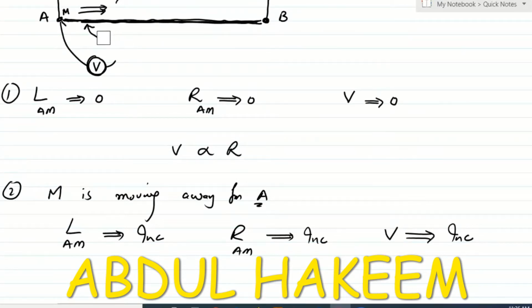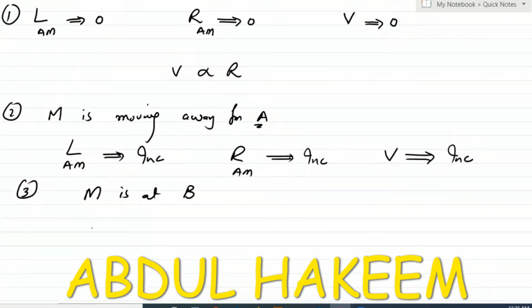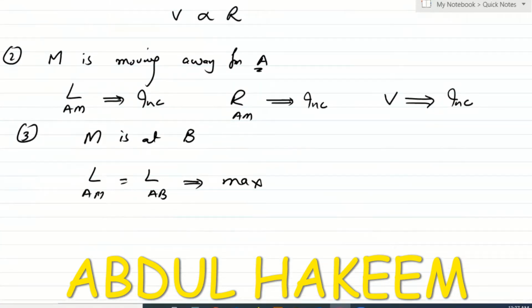Now, this movable contact is placed exactly at B. So number three, when M is at B, the length between AM is exactly equal to the length between AB, which is the maximum length of the resistance wire.